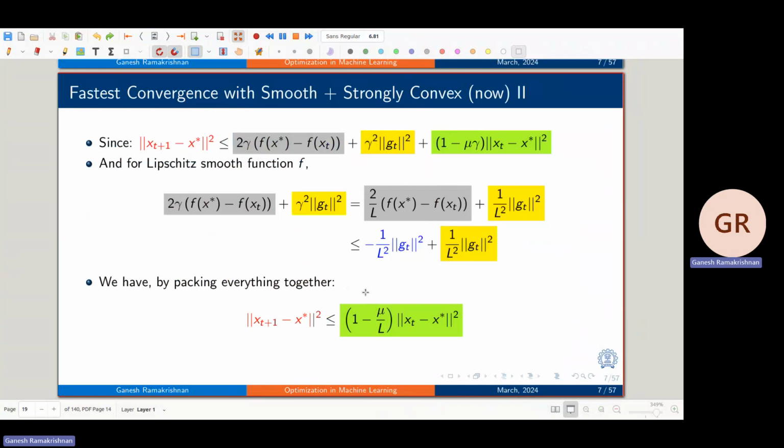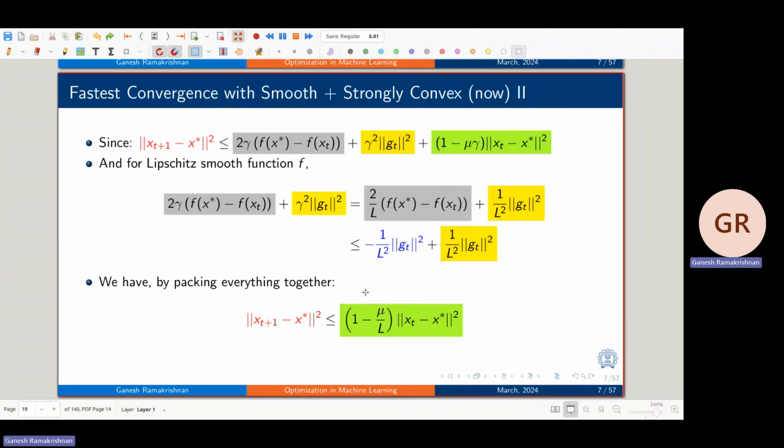Now, what do you know about L by mu? L is supposed to be greater than or equal to mu, right? L is like lambda max, mu is like lambda min, or rather upper bound for lambda max and lower bound for lambda min are L and mu respectively. What do you expect L by mu to be? Greater than or equal to 1.